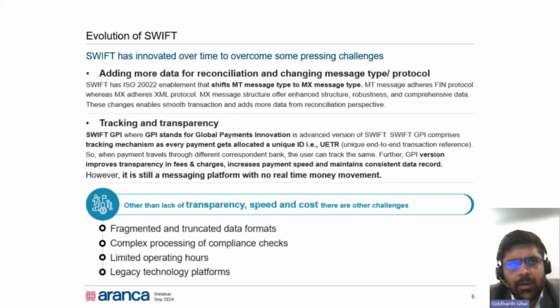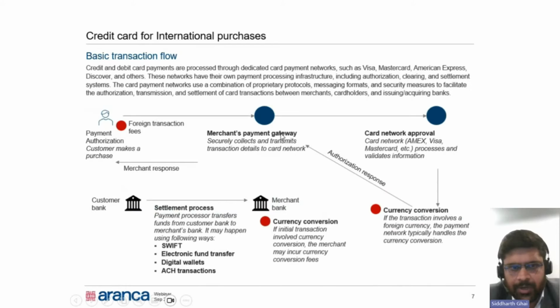So this is a brief overview of how Swift operates, the technicality of the relationship between banks overseas, and how Swift has evolved over time to overcome a few of the challenges. Now I would quickly and briefly discuss how credit card transactions, international purchases happen.